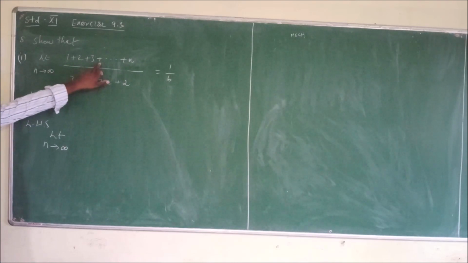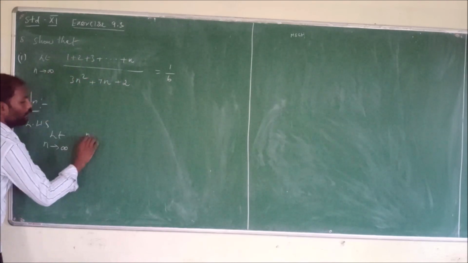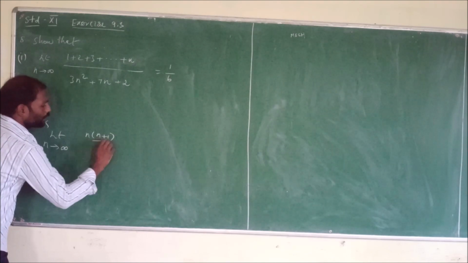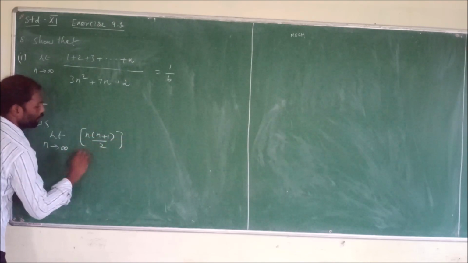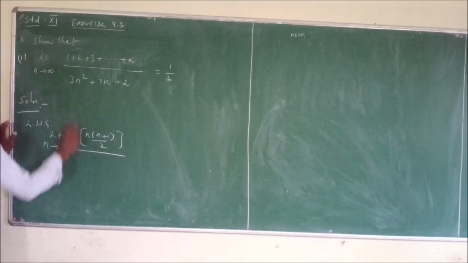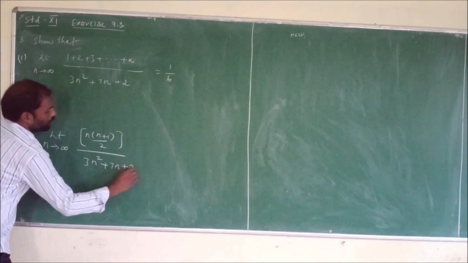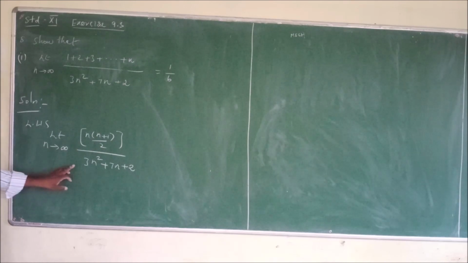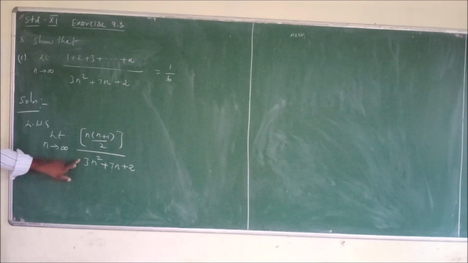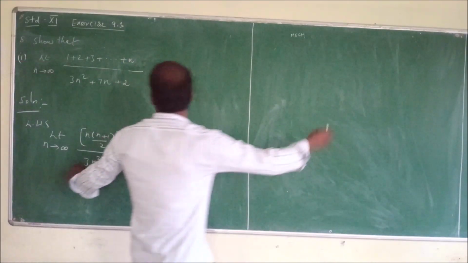So what is the formula for the sum of n natural numbers? n into n plus 1 divided by 2 is the numerator value, by the denominator term 3n square plus 7n plus 2. Is that clear? After that we have to simplify numerator and denominator.